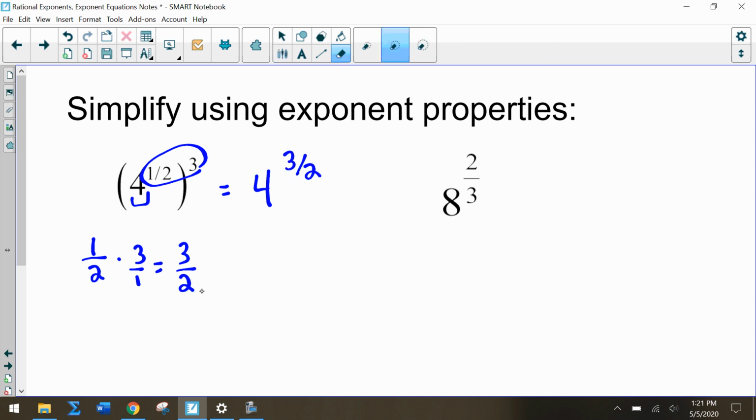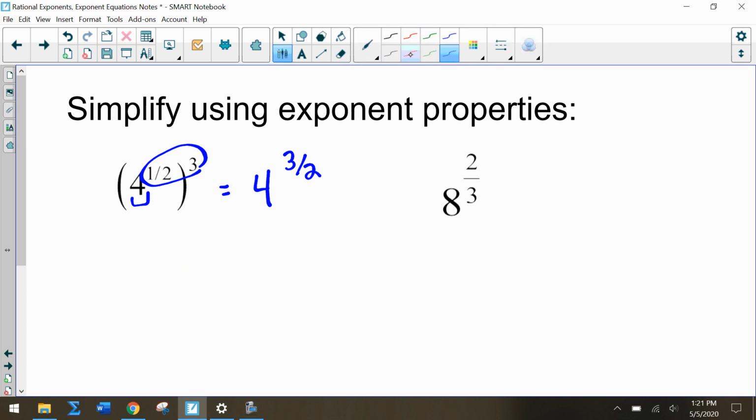Okay, so when we're looking at that, 4 to the 3/2, this looks a little tricky, but what if we looked at what's inside of the parentheses first? Okay, 4 to the 1/2 we know is the square root of 4. And now we're raising that to the 3rd power. Okay, and then the square root of 4 is 2.